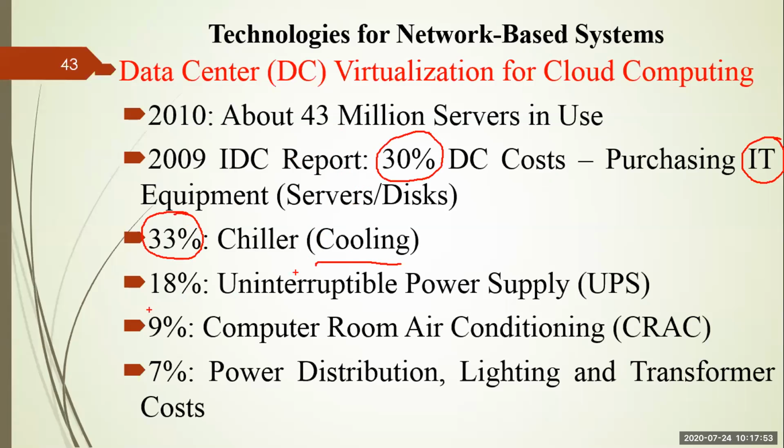And 18% is required for your UPS in case of sudden power failure, 9% for computer room air conditioning, and 7% for the power distribution, lighting the data center, and the transformer cost. Apart from these, there are some other costs not listed here. But this is a typical idea of how much cost a cloud service provider is spending to create a particular data center.